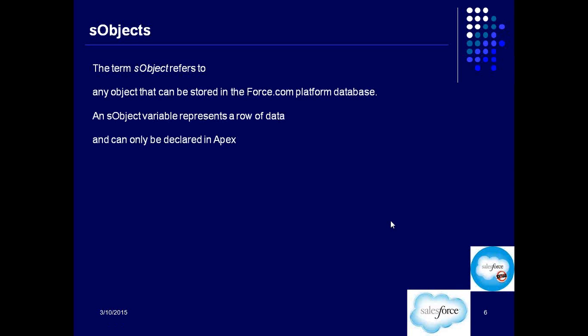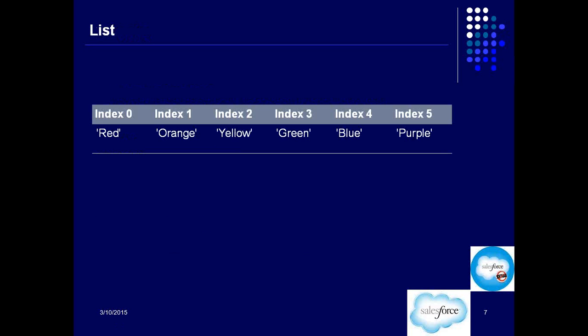So we get into the first collection type, which is list. Color equals green, integer I equals 90, all those are primitives, right? Correct.